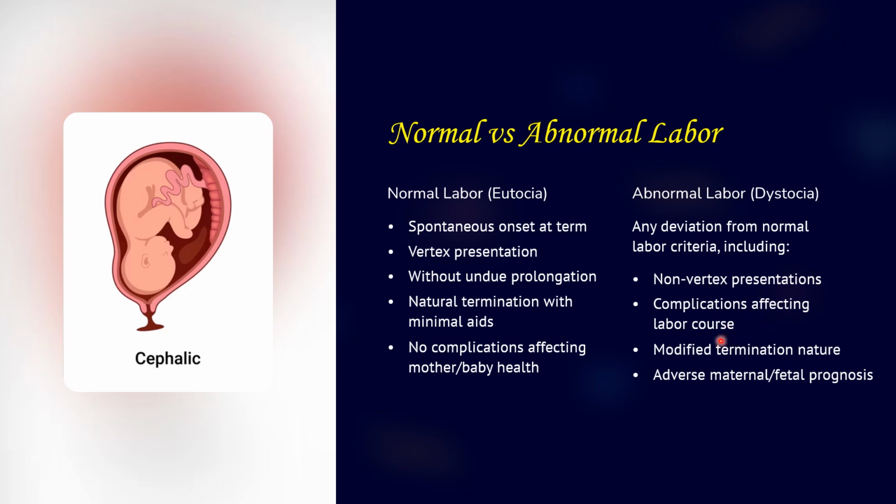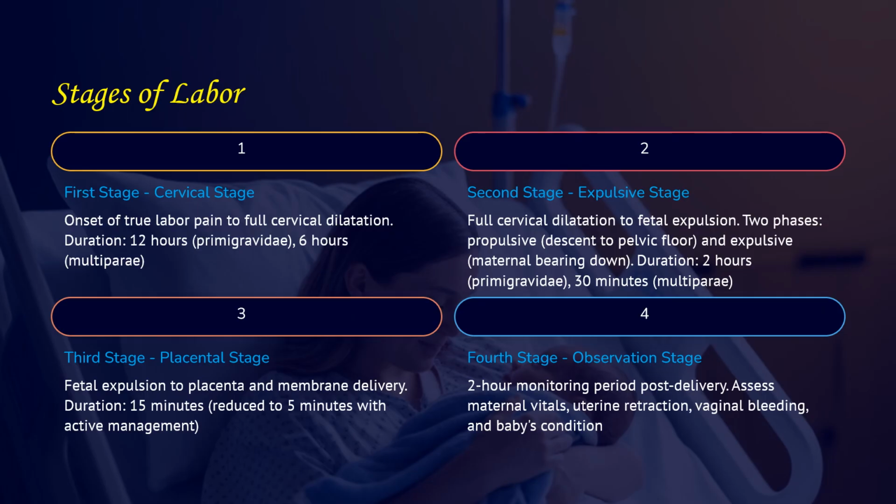If it is affecting the course of the labor, then it is also called dystocia. Number 3 is modified termination nature, that is through cesarean section. And number 4 is adverse maternal and fetal prognosis. If the labor causes any adverse effect to the mother or the fetus, then that is also called dystocia.